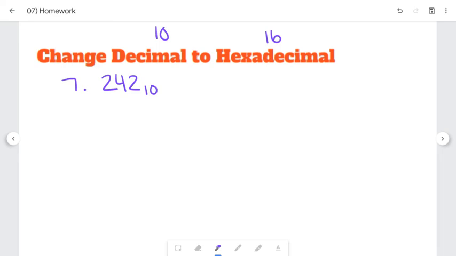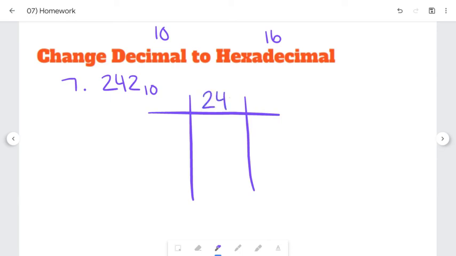Now, when I do something like that and I make my table, I have my number 242. I'm dividing by 16. And I'll keep my remainders in that column. So 242 divided by 16 does not go in nicely, but we can get 15 with a remainder of 2.